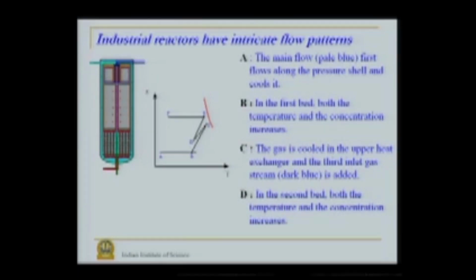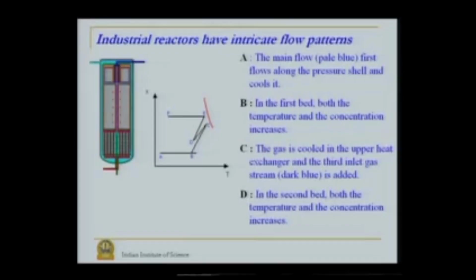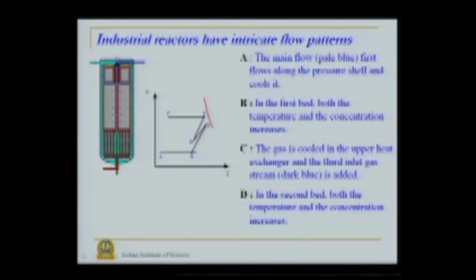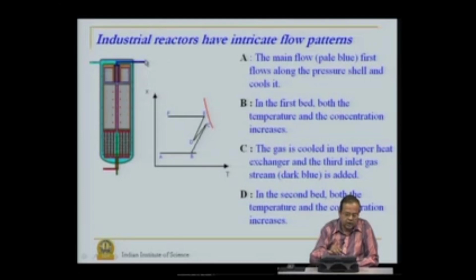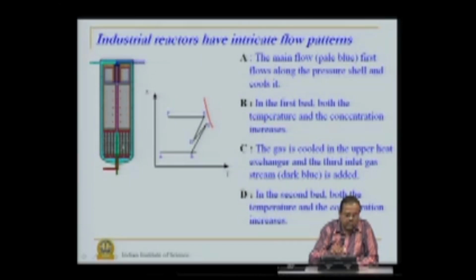when we talk about, let us say, a chemical reactor, a tubular reactor, we are always used to thinking of a tube: a material comes in from one side, reacts and goes out from the other side. Now, actual reactors are hardly of that nature. What you see here is a tubular reactor for an ammonia synthesis kind of situation, where the reactants come in from the top, go all the way to the end, then flow upwards and so on.